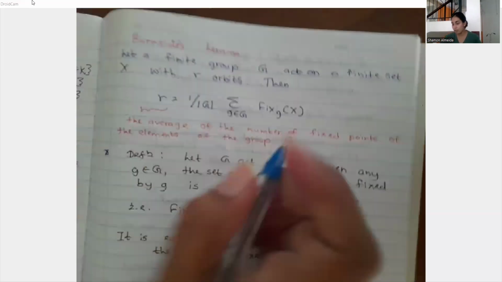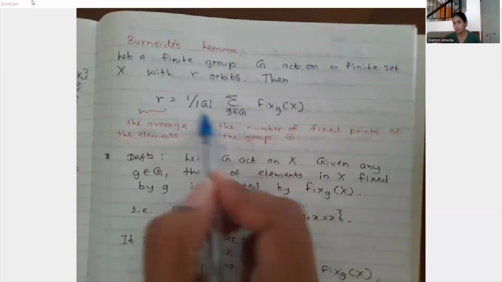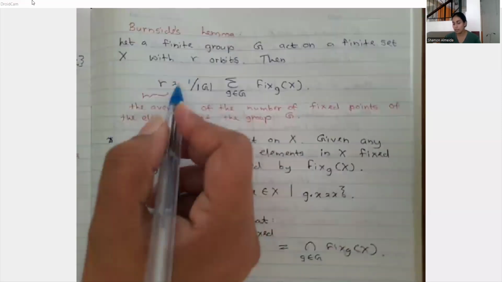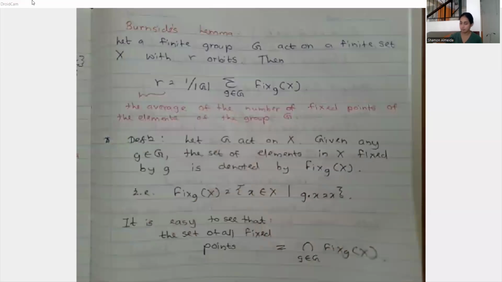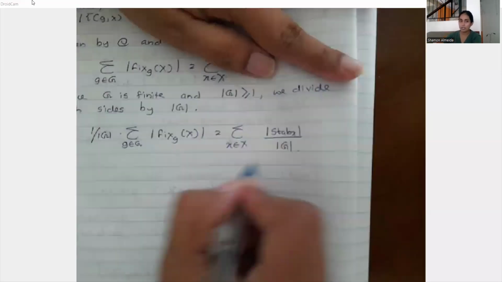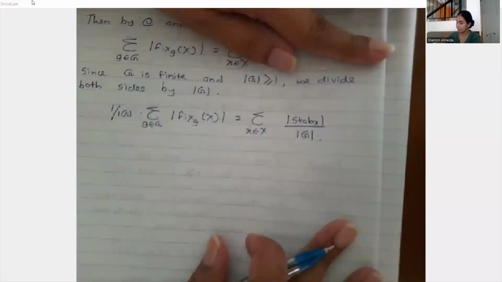We have gotten the right-hand side of the equality. We only have to show that R is actually equal to this part. We are almost done.